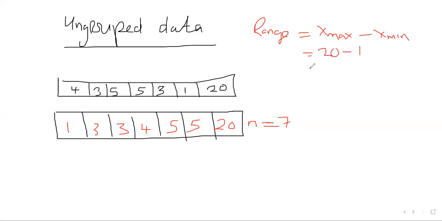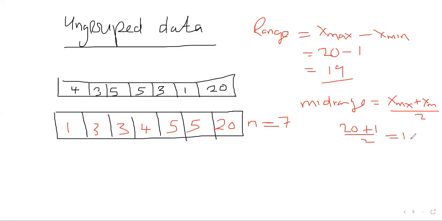So our range is equal to 19. We can also find our mid-range: the maximum value of x plus the minimum value of x, divided by 2. So 20 plus 1 over 2 is 10.5.